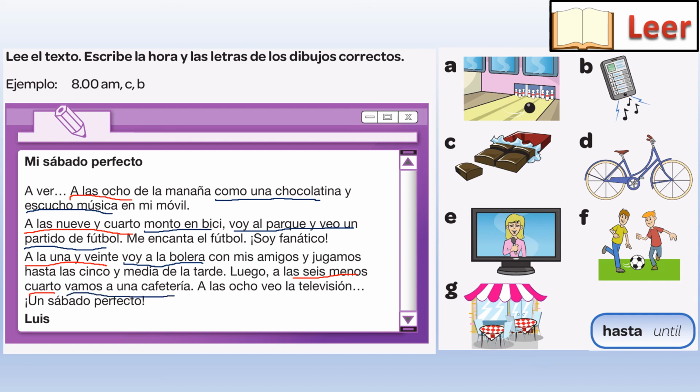So that's letra G. And then the final time Luis says is las 8. So that's 8 in the evening. And then the activity is veo la televisión. So letra E.